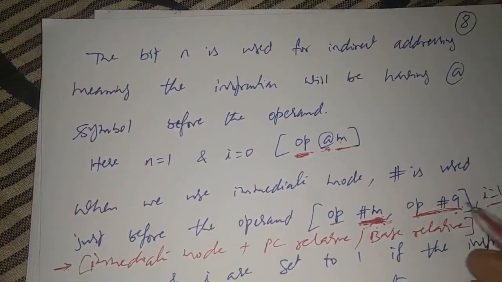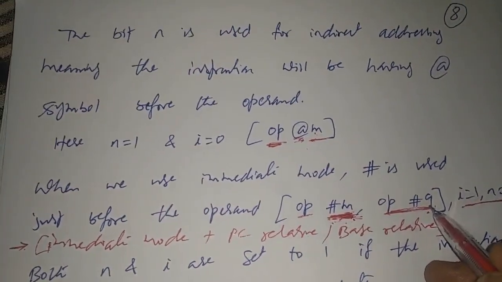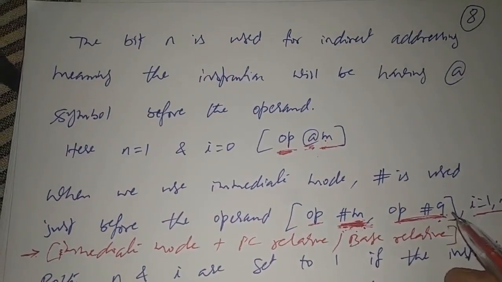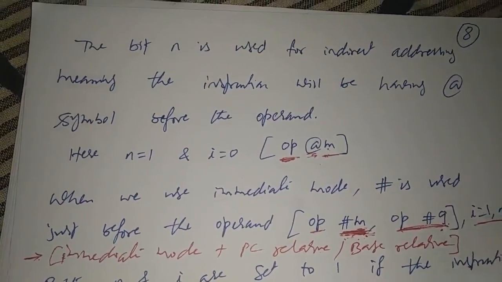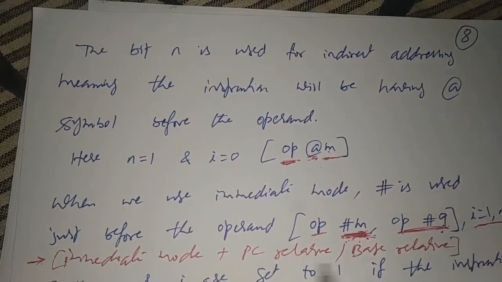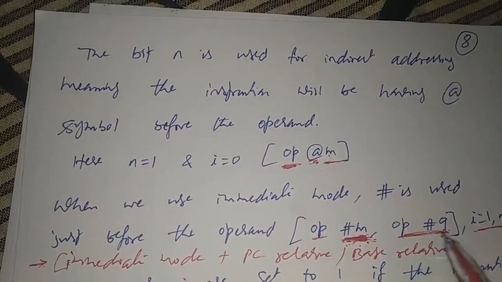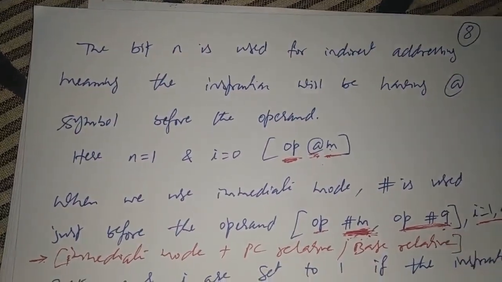Otherwise, if we have used some constant value like this, then directly we have to consider the value, and there is no question of using PC relative or base relative when a constant is used.